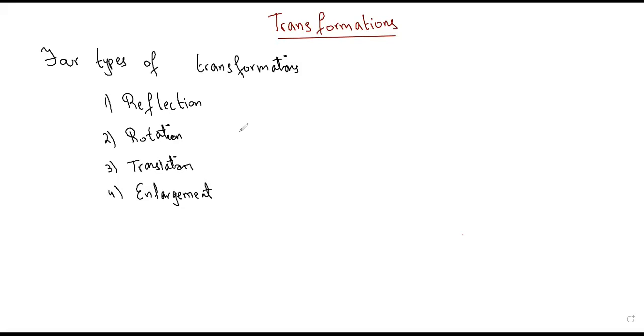And in case of enlargement, either the diagram would get smaller or it would get bigger. Today, we'll just talk about reflection and rotation. I might start translation, but we'll be covering translation and enlargement in the next class. So these are the 4 types.